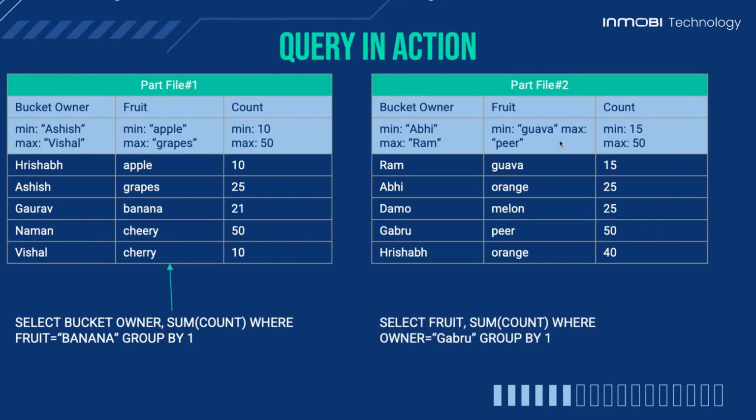Okay, think of another scenario where you are asking for the fruit versus count mapping, that is, which fruits Gavru is holding and in what amounts. Then you will see that both the files will be read, because for the filter condition owner equal to Gavru, with Ashish, Vishal and Abhiram, the G can lie in between in both of these.